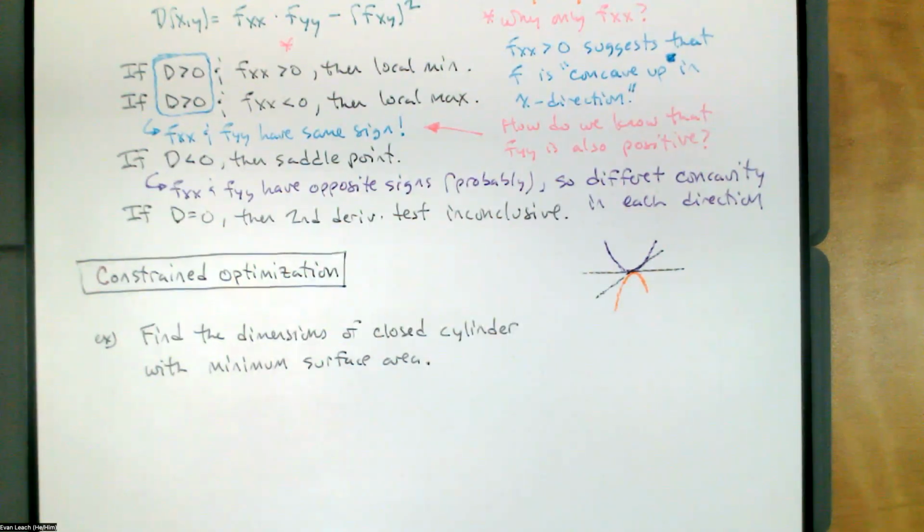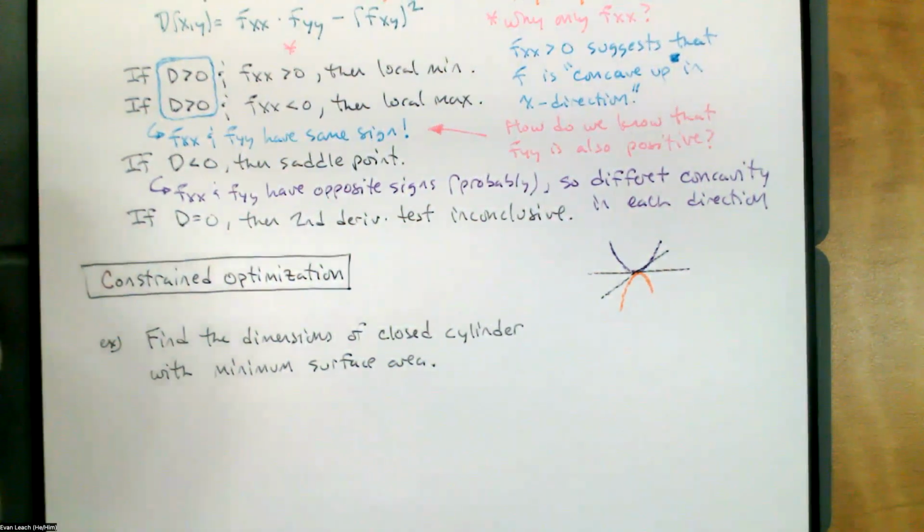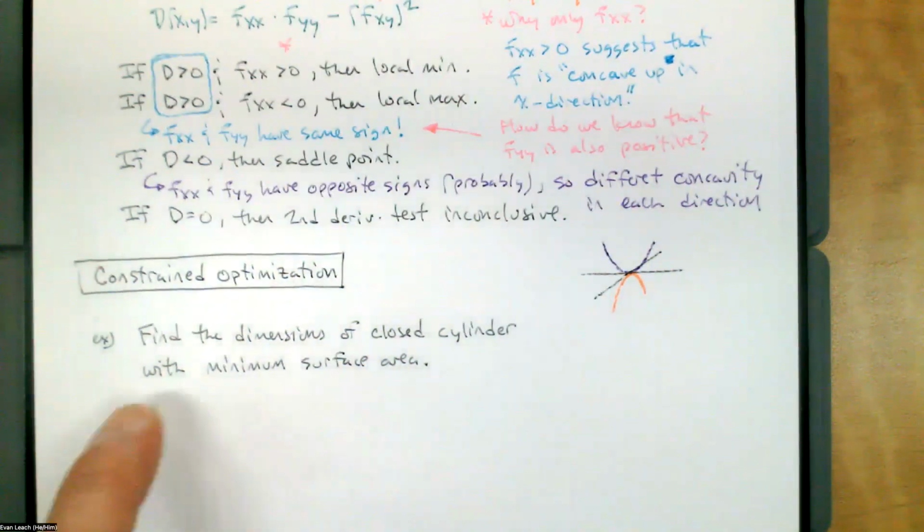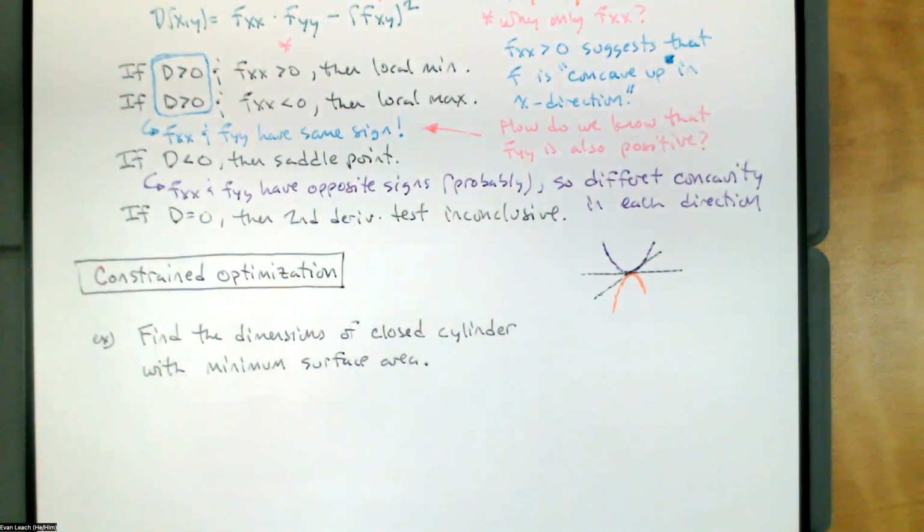Our objective is to minimize the surface area, but it should be subject to some constraints. We have to contain a certain amount of, let's say, carbonated beverage, carbonated sugar water, like soda. So find the dimensions of a closed cylinder with a volume of, let's say, 250 milliliters.